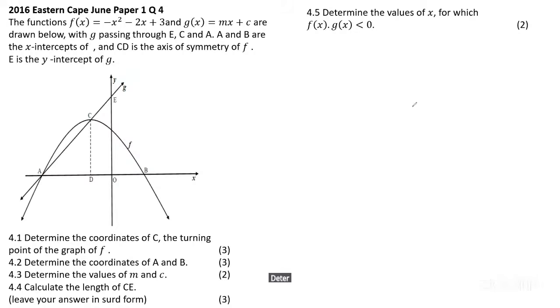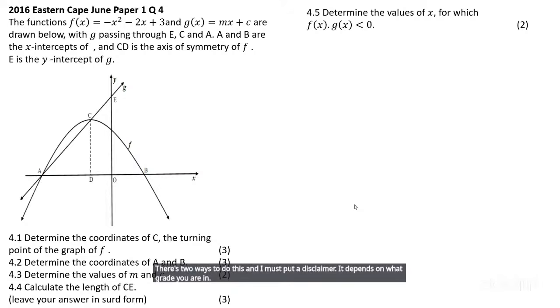Determine the coordinates of C, the turning point of f. Listen to this. There's two ways to do this, and I must put a disclaimer. It depends on what grade you are in.